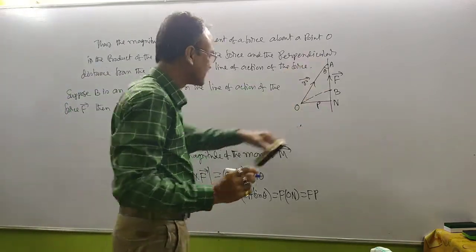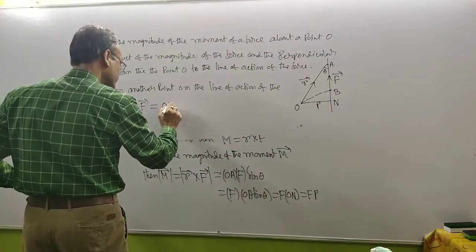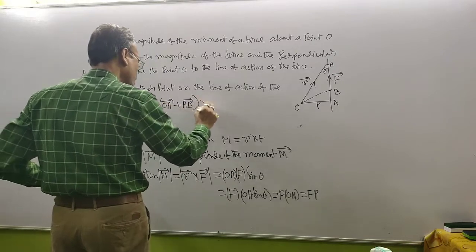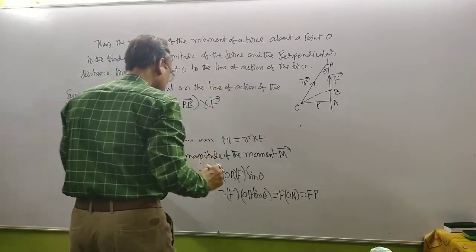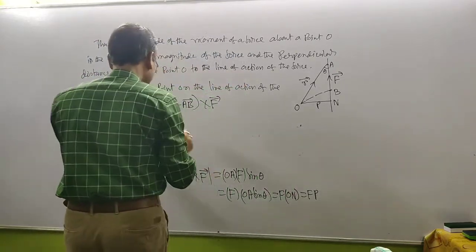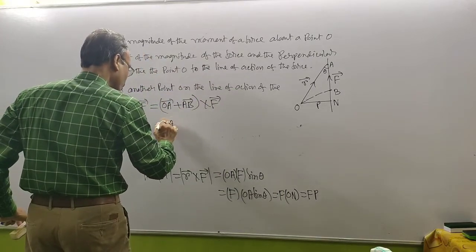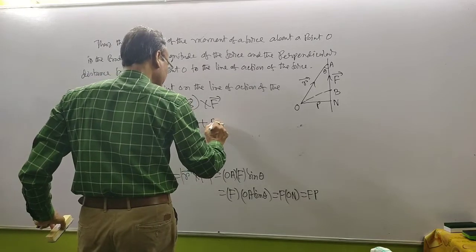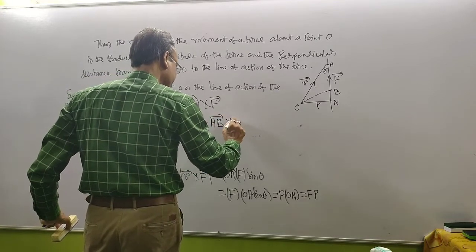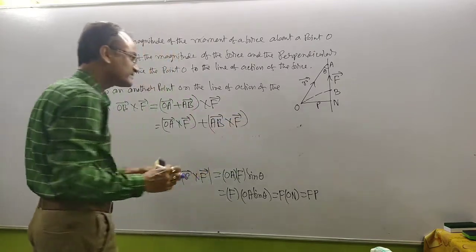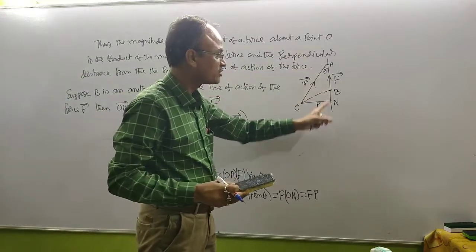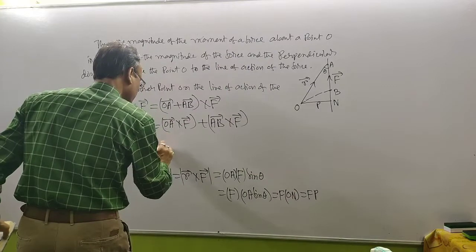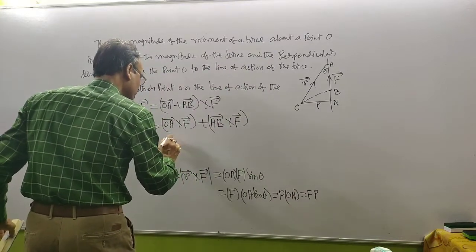OB will be equal to OA plus AB. So AB cross F vector. This is equal to OA vector cross F vector plus AB vector cross F vector. AB cross F vector will be equal to 0 because the angle between them is 0.